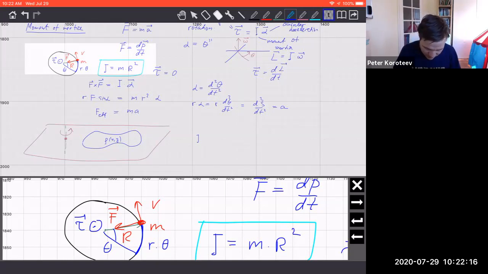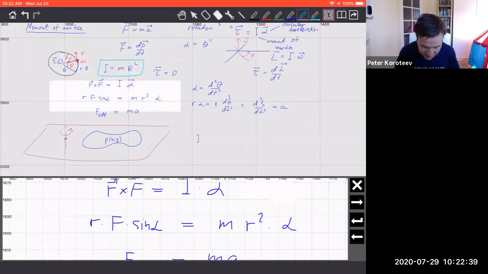Now, if the force happens to be non-tangential, like that, but still lies inside the plane, then the torque would still be perpendicular to the plane, and its magnitude will be equal to r times F times sine alpha, where alpha is that angle.